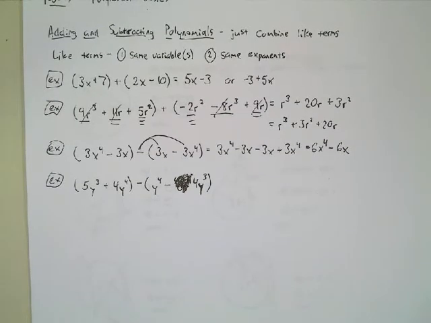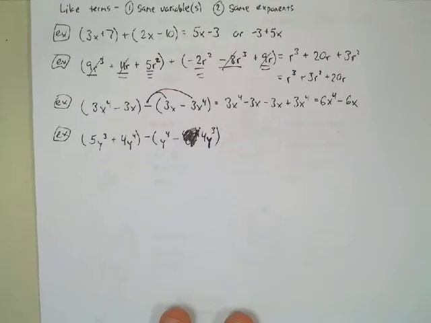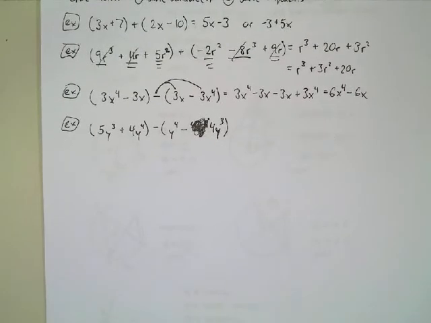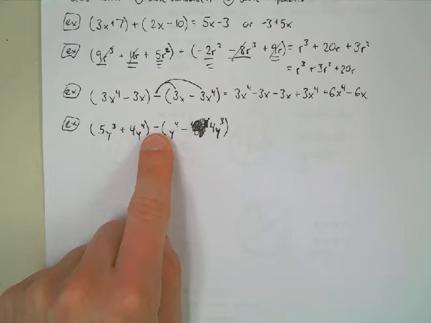All right. So there's that one. So let's go to, Garrett, got any like terms here? Yeah, but first, since we're seeing subtraction, what can I do with that subtraction sign?